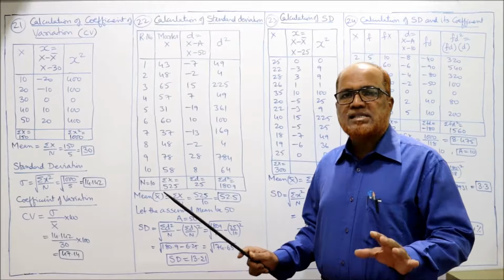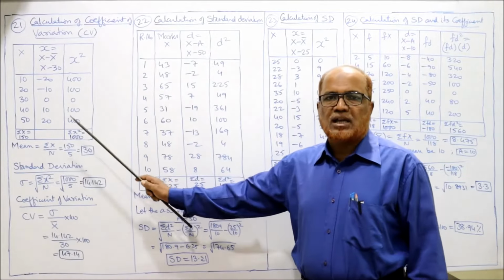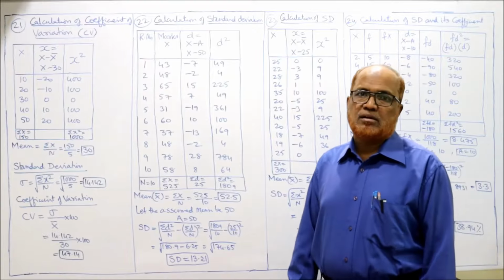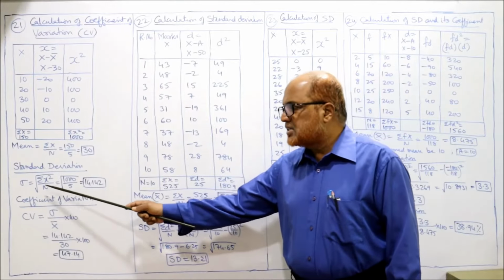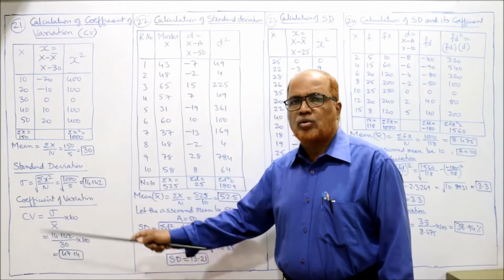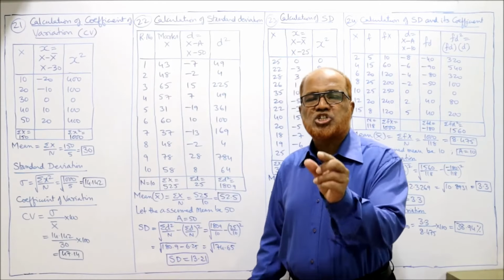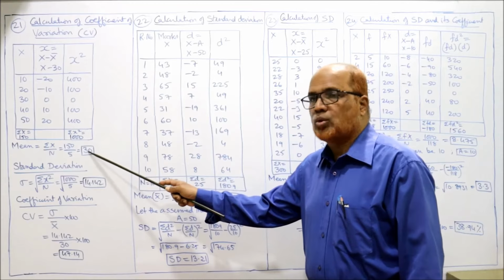So you can clearly see the difference when deviations are taken from actual mean and when deviations are taken from assumed mean. Actual mean का formula summation x square by n under root, very small formula. लेकिन actual mean से deviations तब लेंगे जब यह whole number में रहा तो.